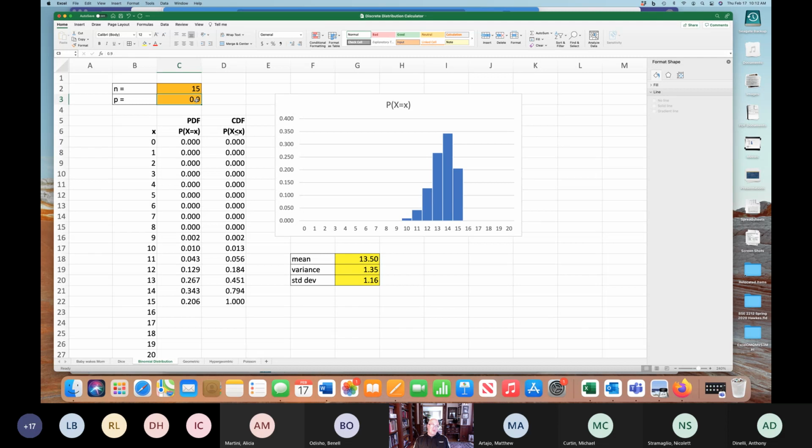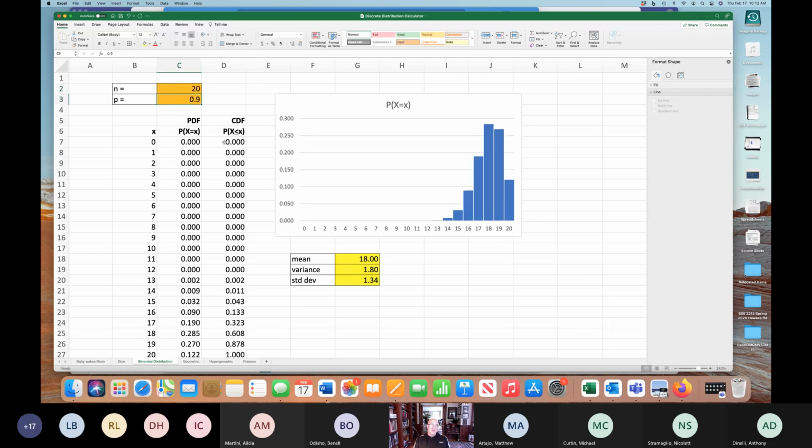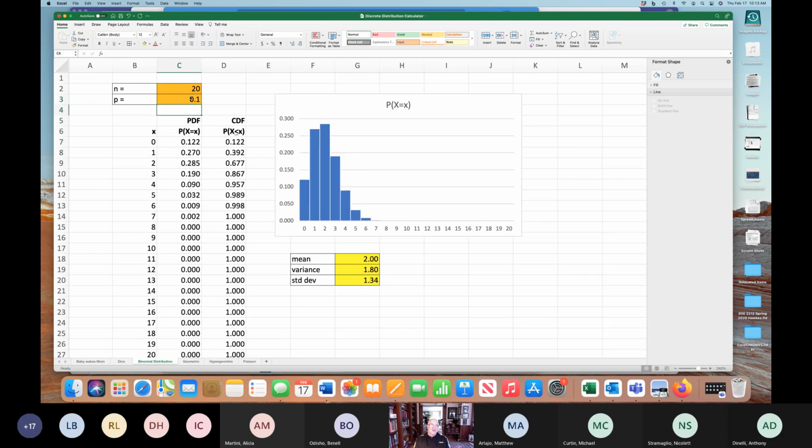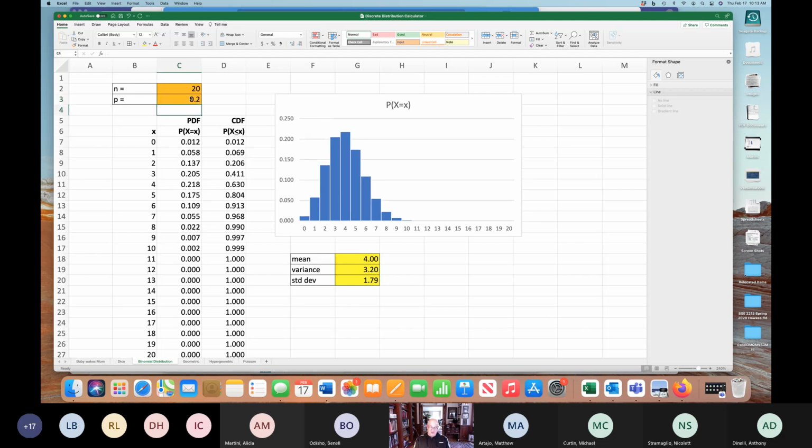Notice, as the probability changes, let's make it a full 20 so we can see what this looks like. One thing about the binomial distribution is if you start at 0.05, it gets skewed, pushed up against 0. And then if I make it 0.1, it shifts a little bit. If I make it 0.2, it shifts again.